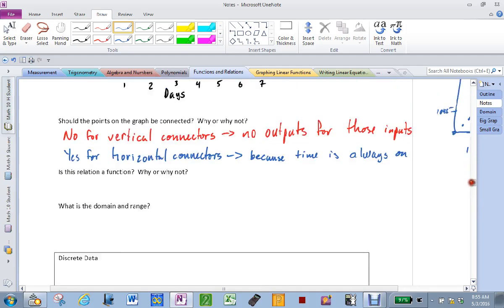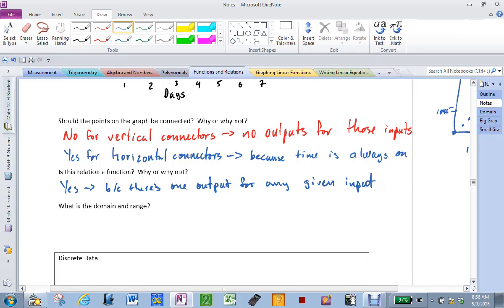So first of all, is it a function? Yes. Why? Because there's one output for any given input. For how long? 7 days.